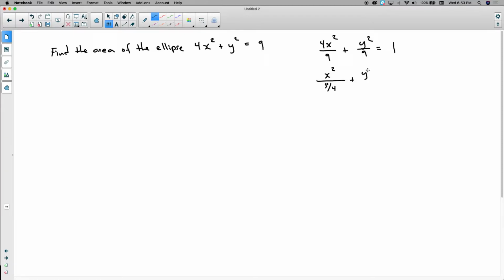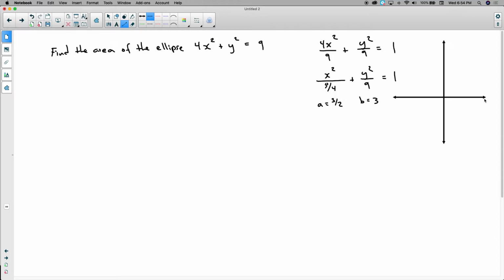And then I guess we get a fairly awkward looking structure, but now we can pull out of it the a and b values. So if 9/4 is a squared, then a is 3/2, and if b squared is 9, then b is 3. So I now have a visual on the ellipse.